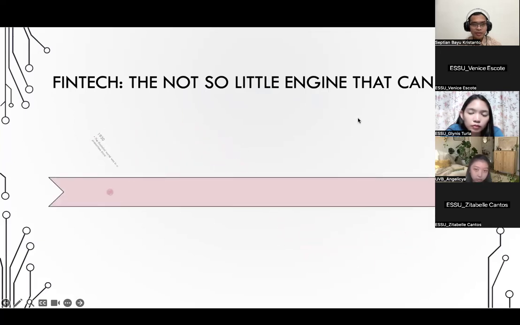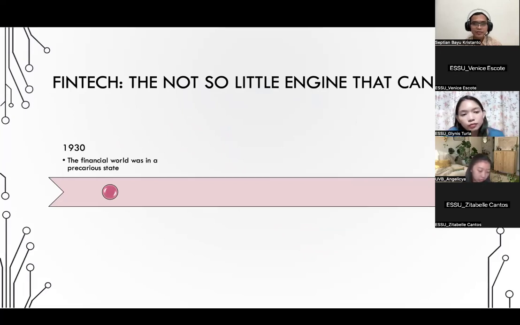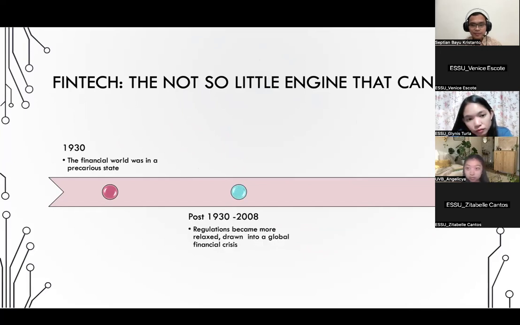So let's think about the movement of financial technology. We start with financial services in 1930. As we learned in the second session, this is the first time banks offered the credit card. After that, we have more new products and innovations in the banking sector.